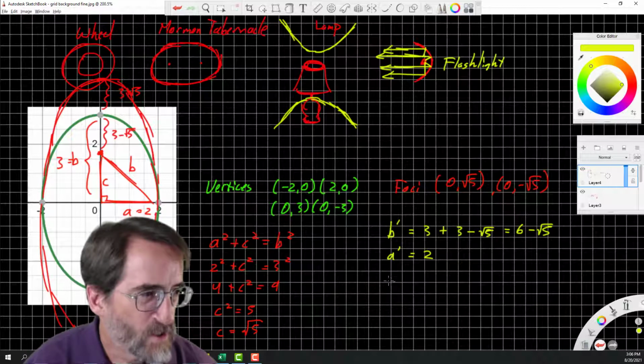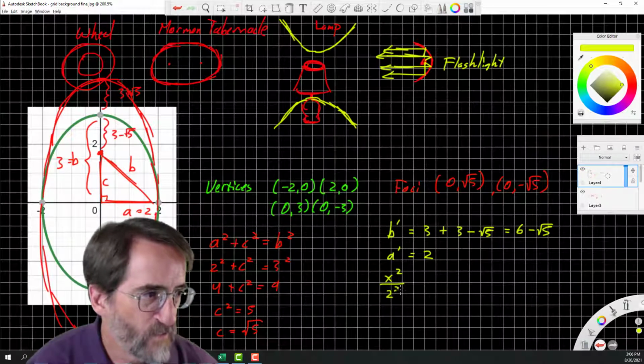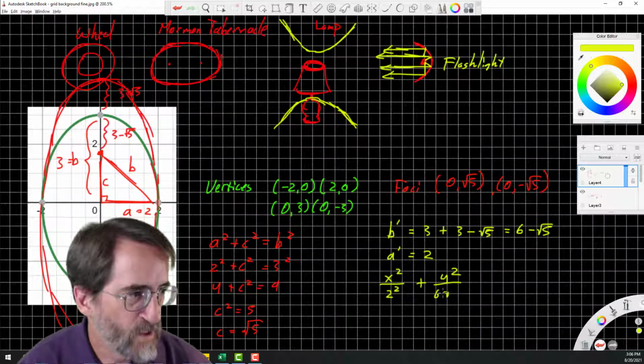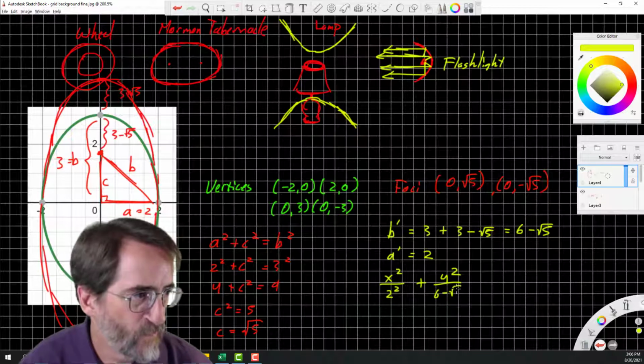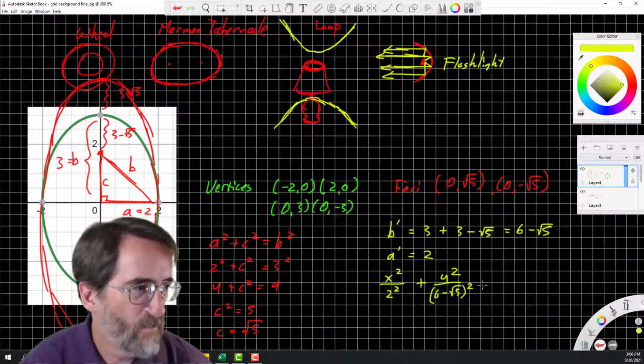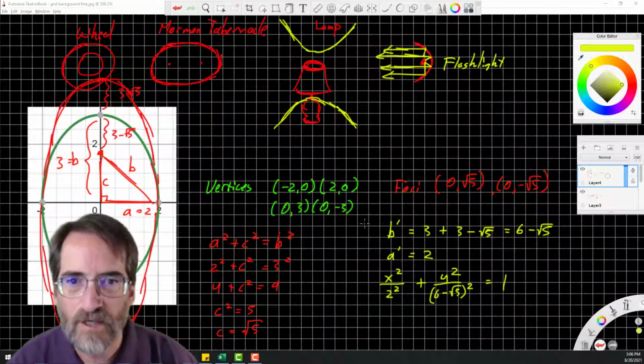So my equation becomes x squared over 2 squared plus y squared over (6 minus root 5) squared equals 1. And let's take a look at that in Desmos and see what that looks like.